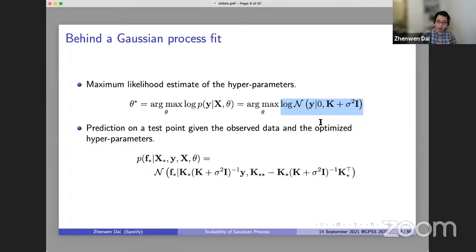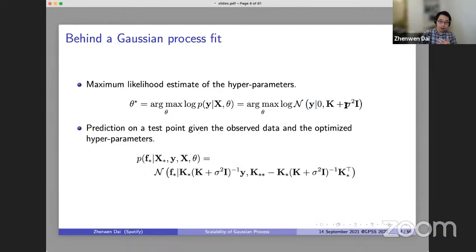From the previous equations, we marginalize the noise-free observation f because both are Gaussian, so that we result directly in a multivariate normal distribution of the noisy observation y, which has zero mean and covariance K plus sigma square I.